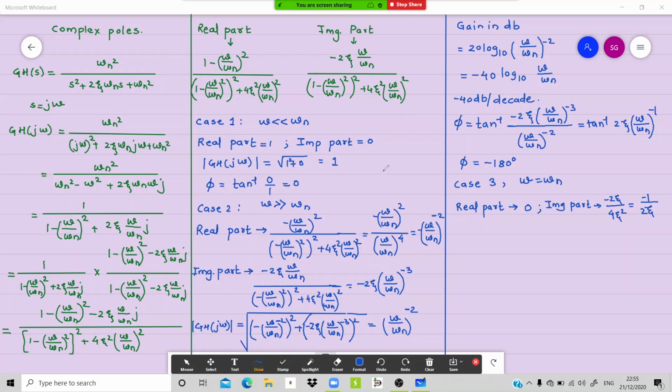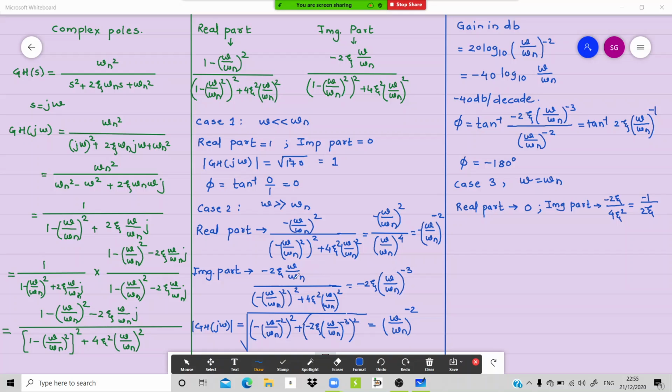Once again, I'll repeat. When this is equal, 1 minus 1, 0. So 0 in the numerator, so it is going to be 0. Then 1 minus 1 will become equal to 0. So this part will remain and this part will remain, which I have considered.